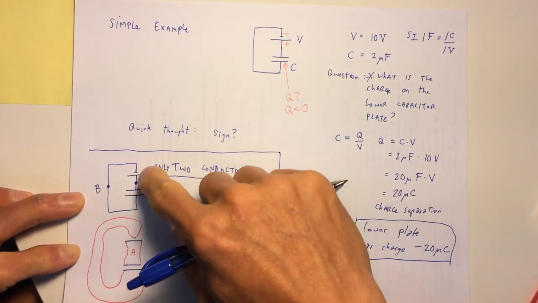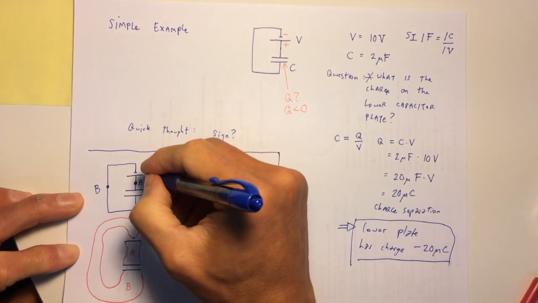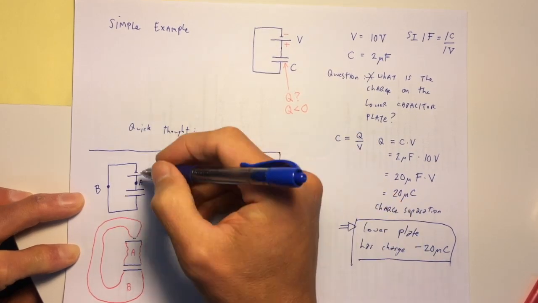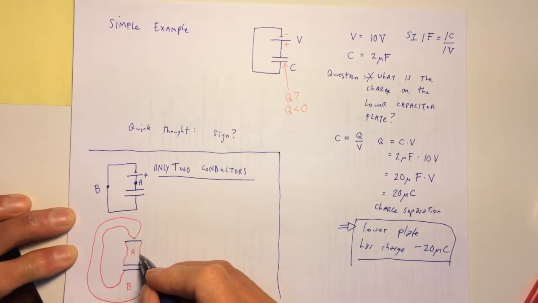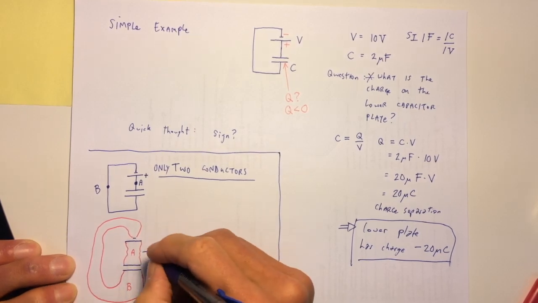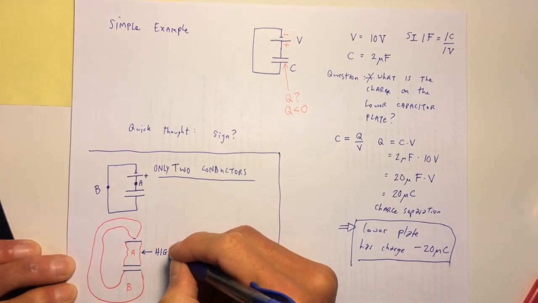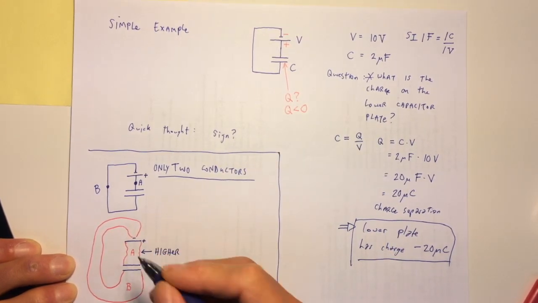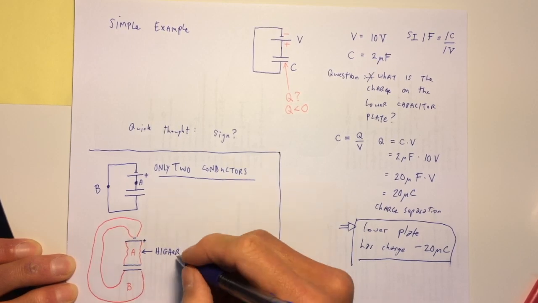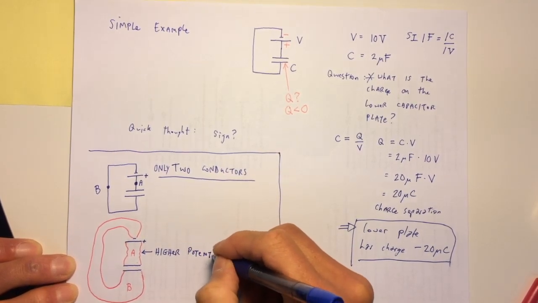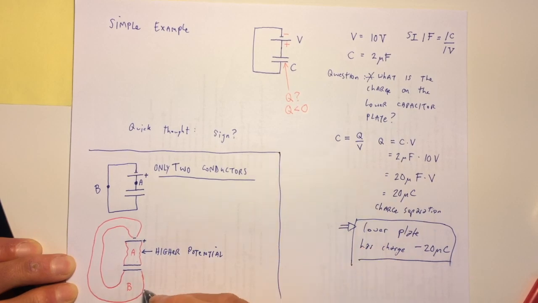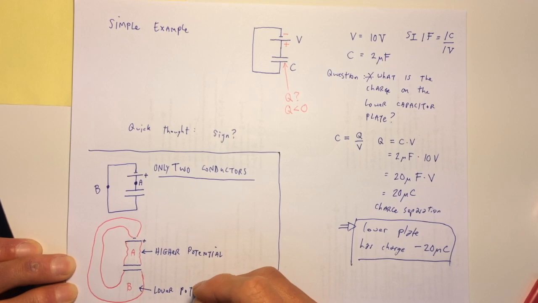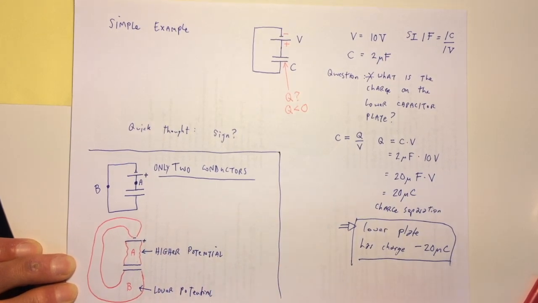And because of the orientation of the battery, the positive plate of the battery is touching all of this conductor, so this is the higher potential conductor, and the conductor B is the lower potential conductor, right?